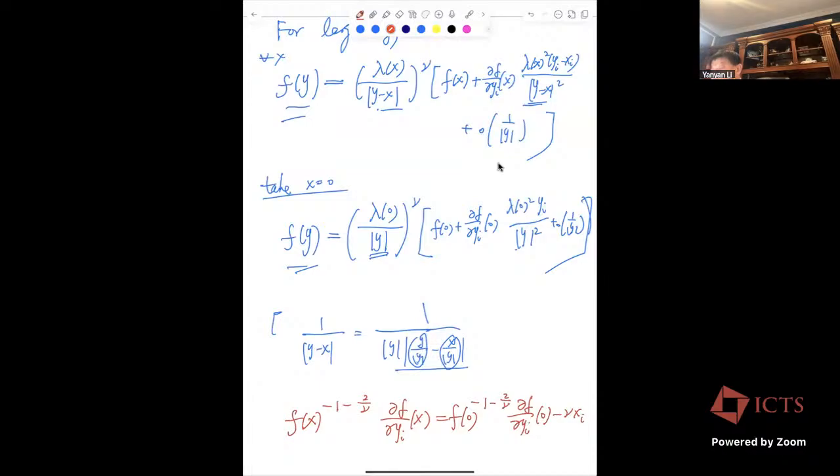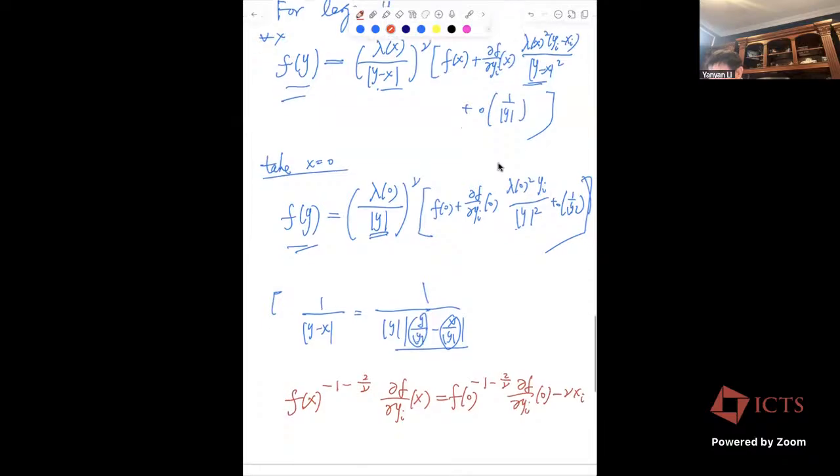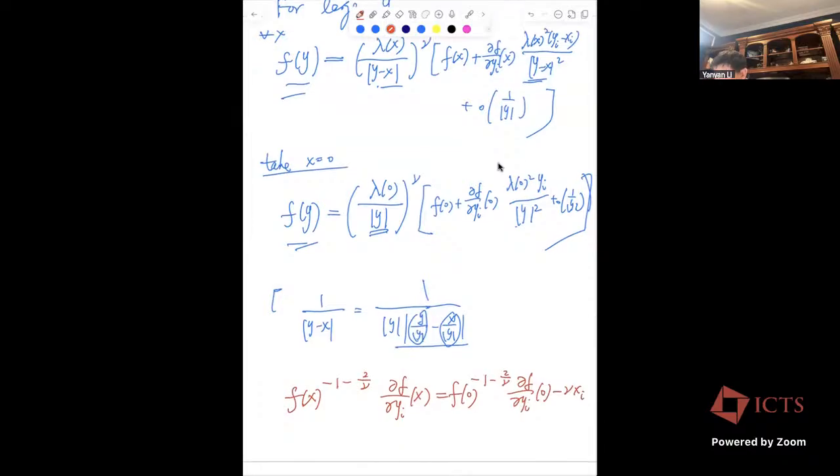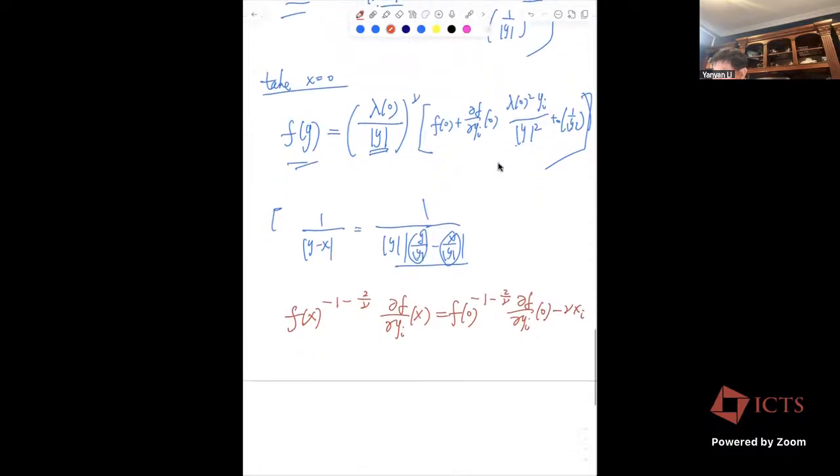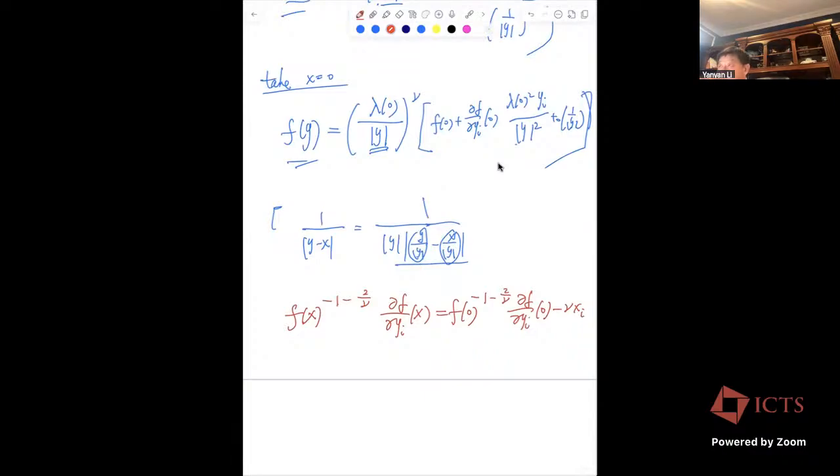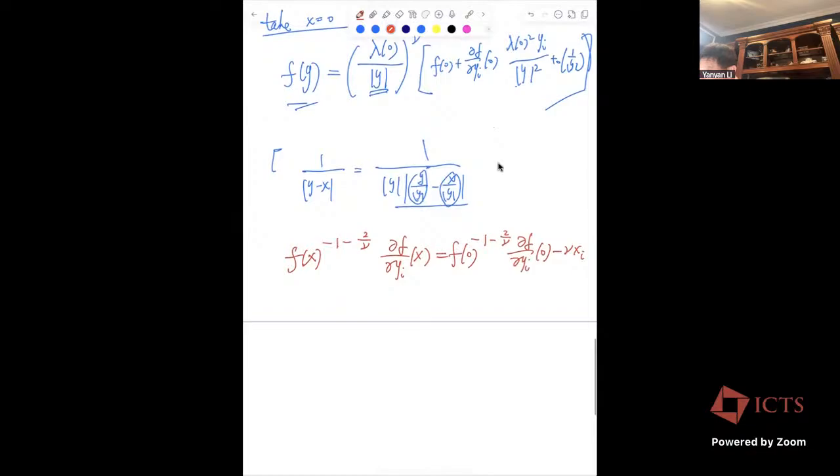This is what you are going to see. You just compare coefficients, the high order term, so it's just like comparing a polynomial. If two polynomials are the same, corresponding coefficients should be the same. So it's the same here. So this is for every x.